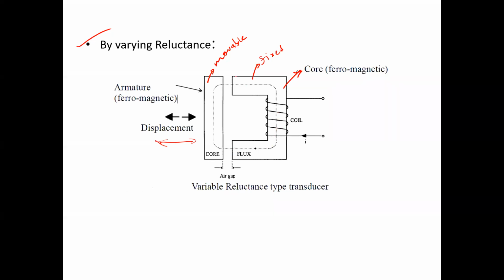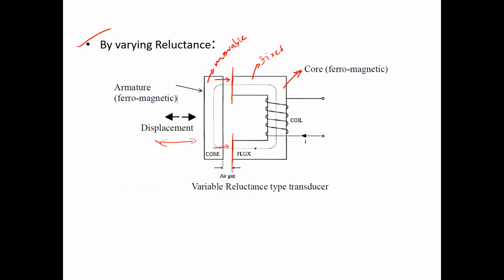Suppose this core is located at the extreme right, and its extreme point is in contact with the fixed core. Then there is supposed to be no air gap.